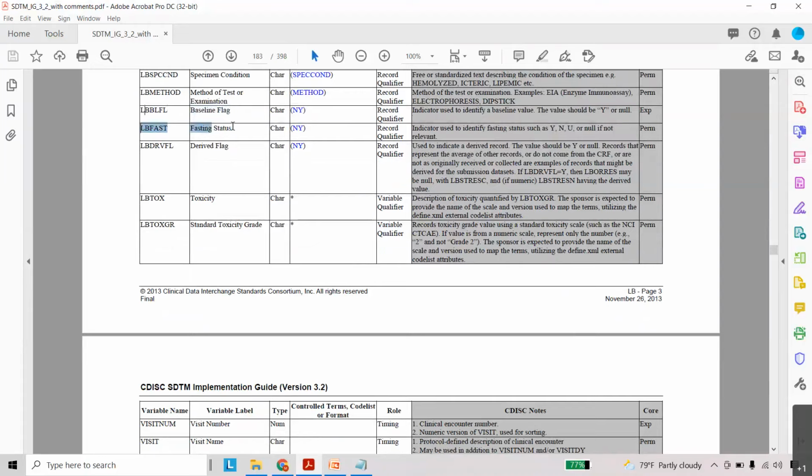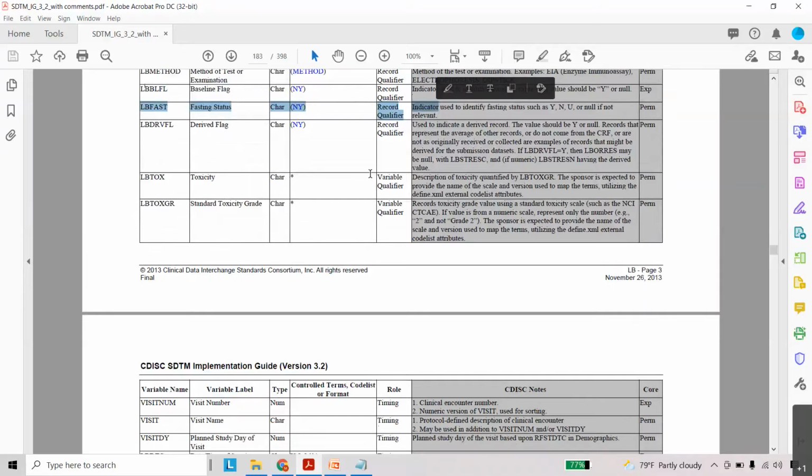Next one is LBFAST, fasting status. We can check whether the subject gave the sample in the fasting status or not based on the LBFAST value. Next one is the derived flag. It is also a very important interview question.